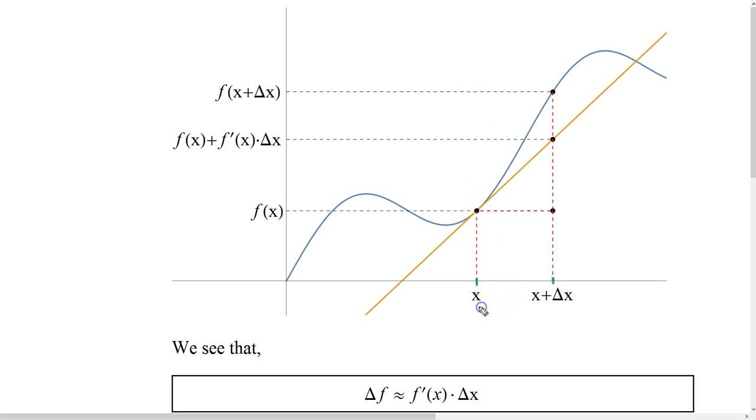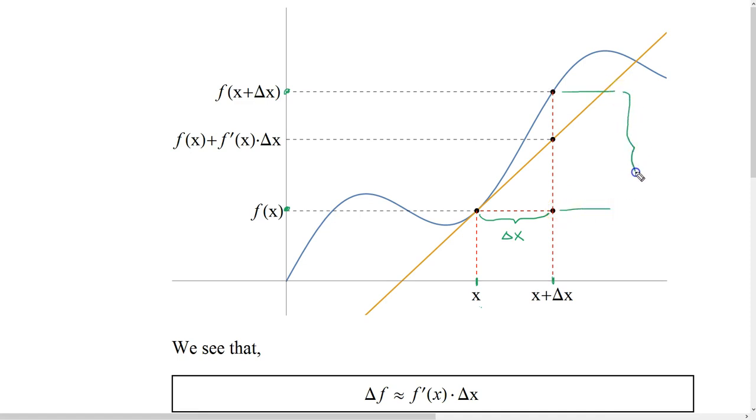So this distance from here to here is our change in x, right there. Now the distance from here to here, that is our change in f. So we can label that over here.